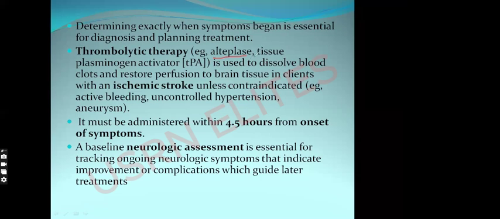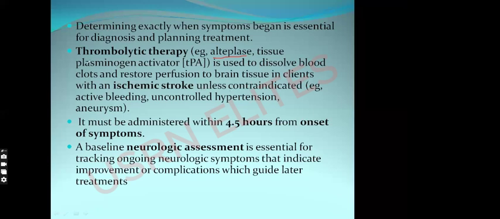If you don't see alteplase, you see tenecteplase, streptokinase, and the rest. They are all thrombolytic drugs that are used to dissolve blood clots and restore perfusion to the brain in people with ischemic stroke, like we said before.